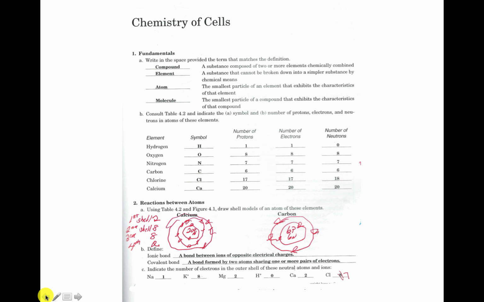To figure out the atomic weight or mass of an element: it is equal to the number of protons plus the number of neutrons. And if you look at the atomic weight of hydrogen, you'll see it is 1.008. That means that the hydrogen atoms that exist with neutrons are not that common.